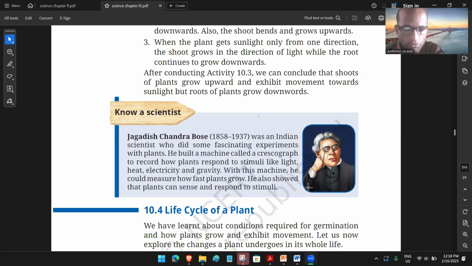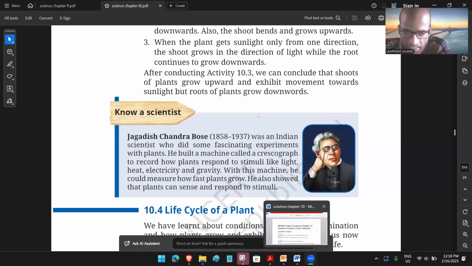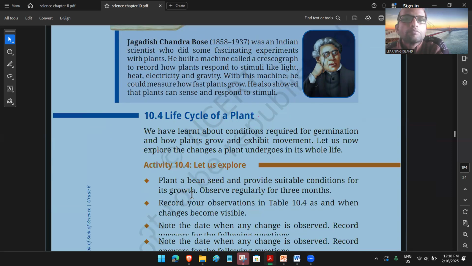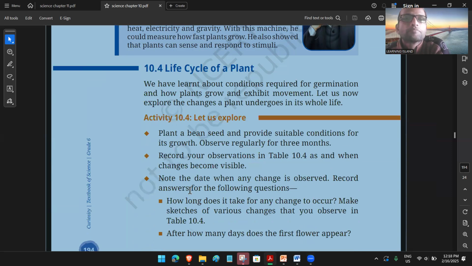The plant also has stimuli, and this was first discovered by this Indian scientist Jagadish Chandra Bose. Plants also respond to external things, and this was first discovered by this great, respected scientist.